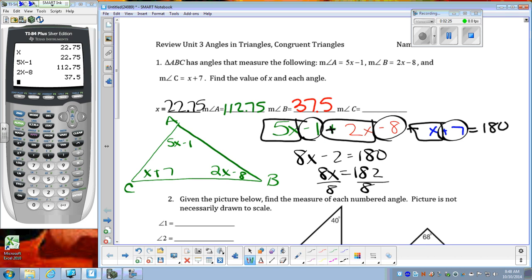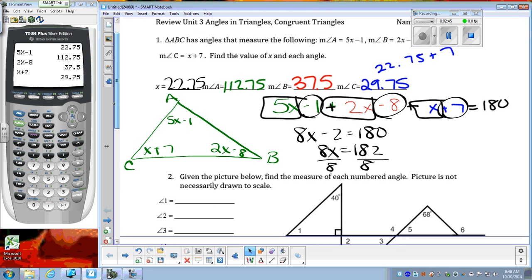And C is x plus 7, to give us 29.75. Or I can plug it in and actually do it by hand. But using your calculator will help you, so use whatever help you can find.